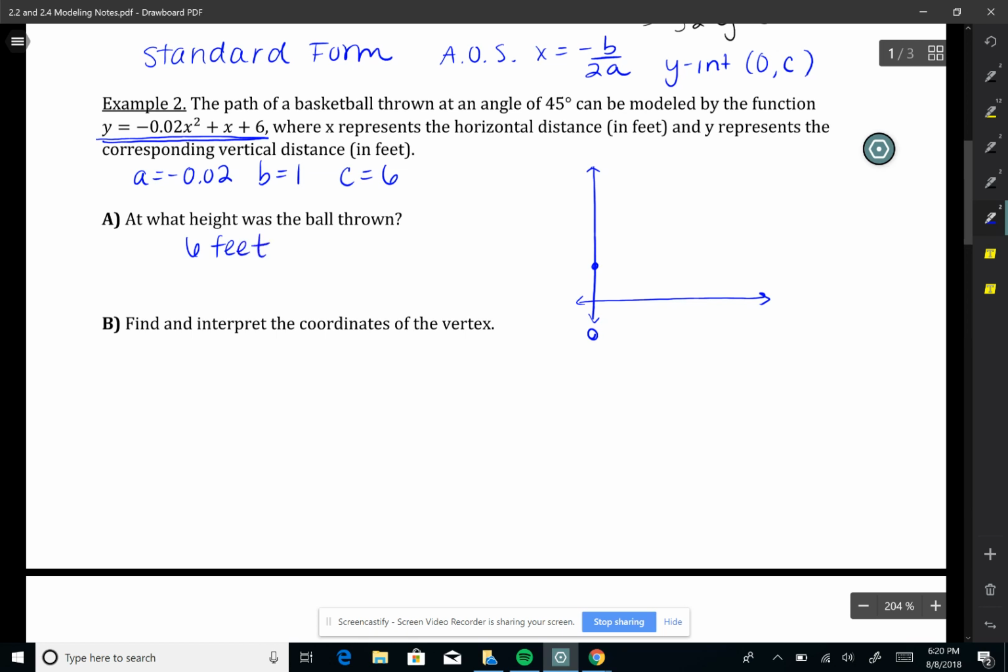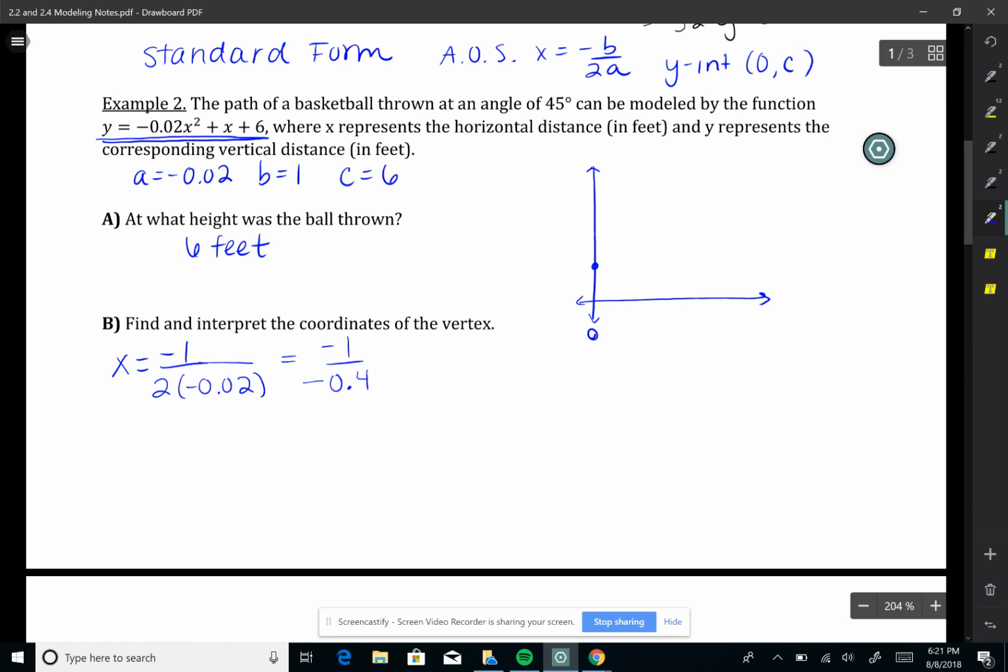Now we're going to find and interpret the coordinates of the vertex. So we're going to use our axis of symmetry formula. X equals negative b, so negative 1, over 2 times a, negative 0.02. And I just used my calculator for this. I'm going to take negative 1 over, when I multiply 2 times negative 0.02, I get negative 0.4.